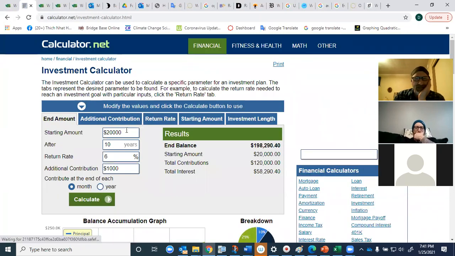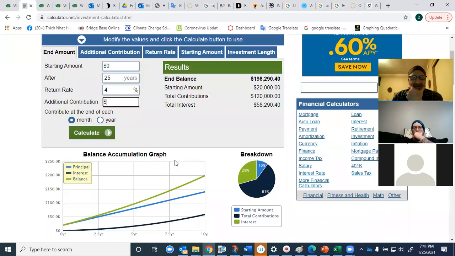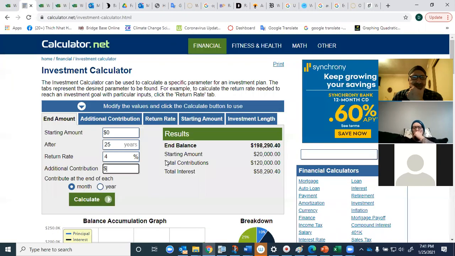And then our starting amount again was 0, wasn't it? Because this is investing. And wasn't this 25 years, right? And the rate of return was 4%. And this was unknown. We did not know what our amount was going to be. Oh, this calculator isn't going to give us our final amount.